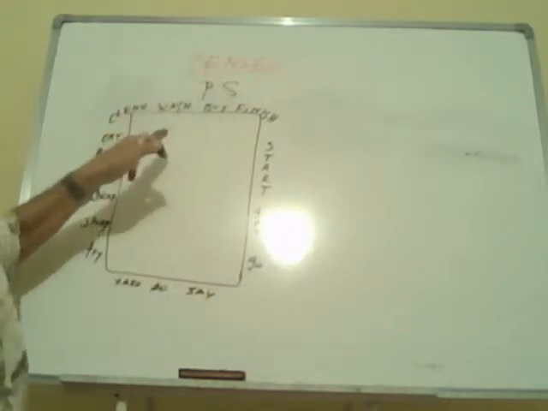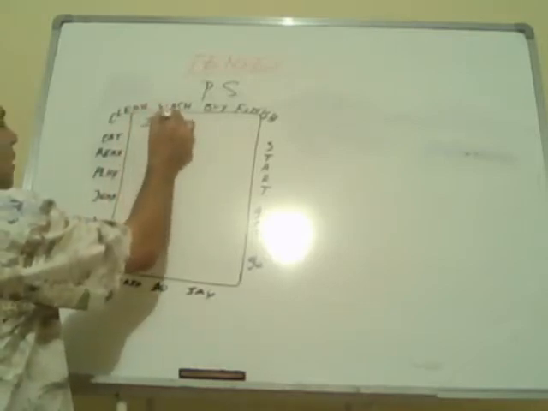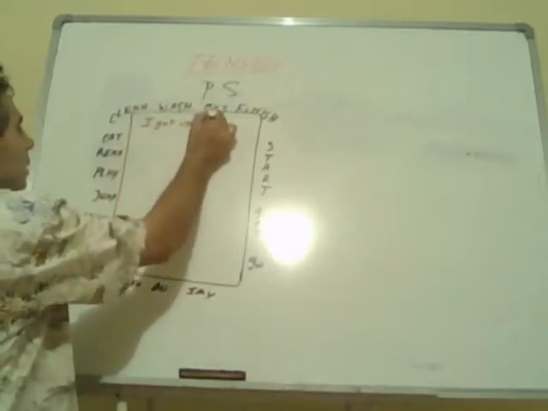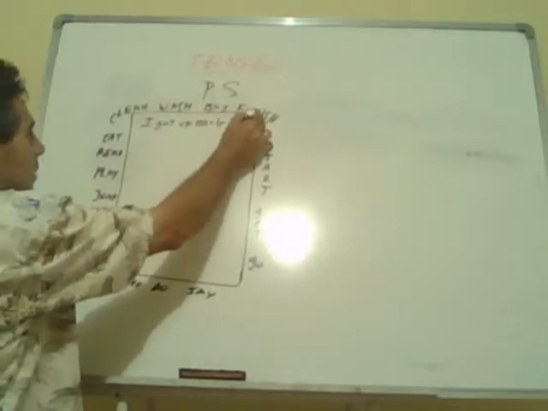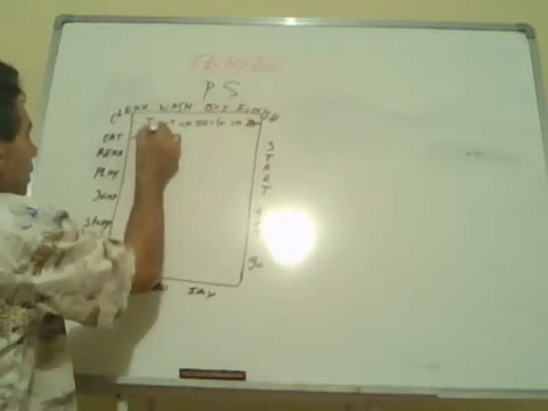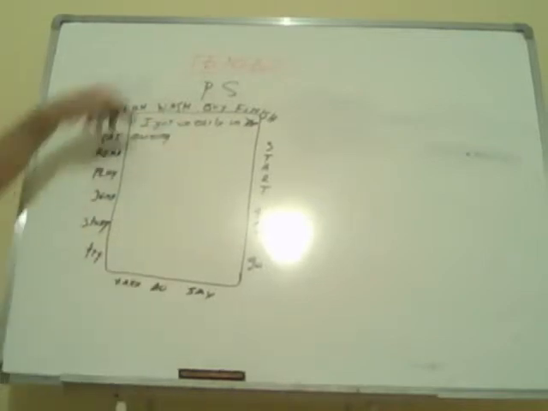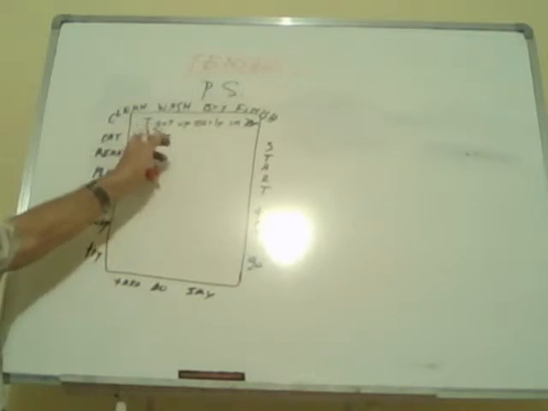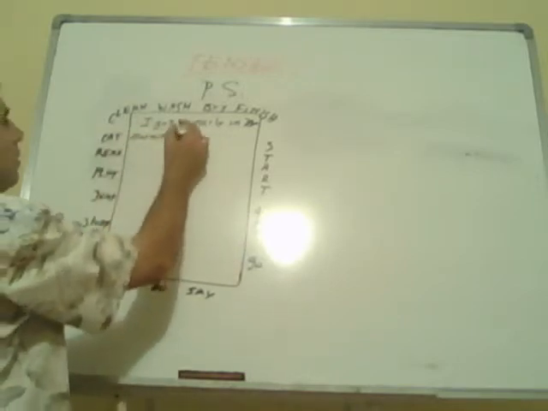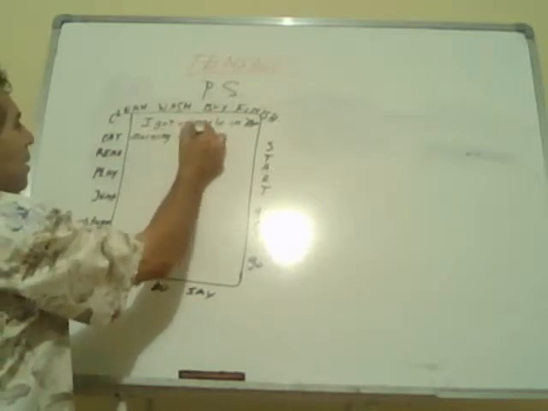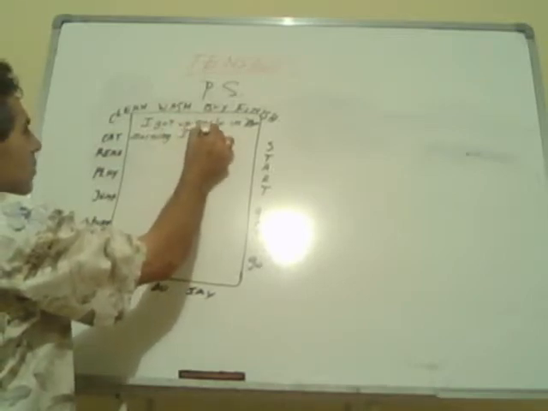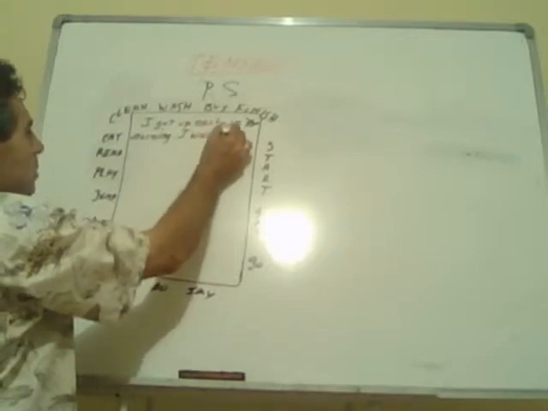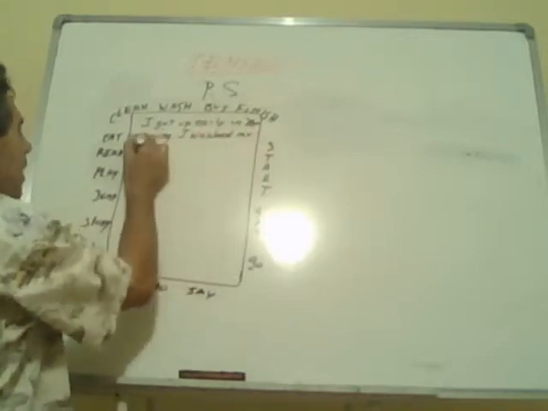See those verbs right here? You have to change them into the past. For instance, I could say, I got up early in the morning. See? Get means I got. Get, got. Okay? I got up early in the morning. I washed my hands.